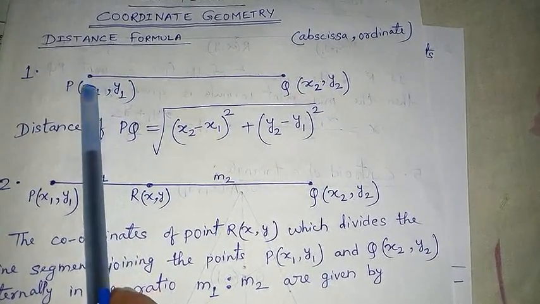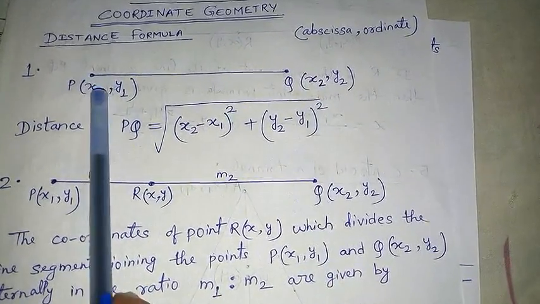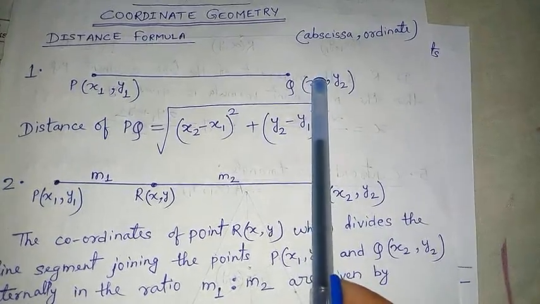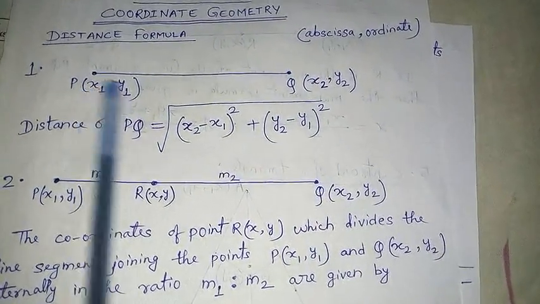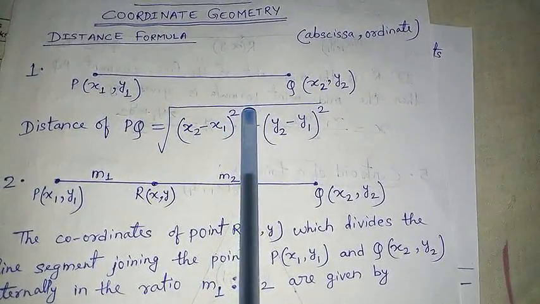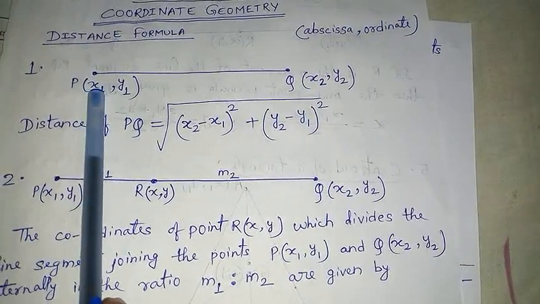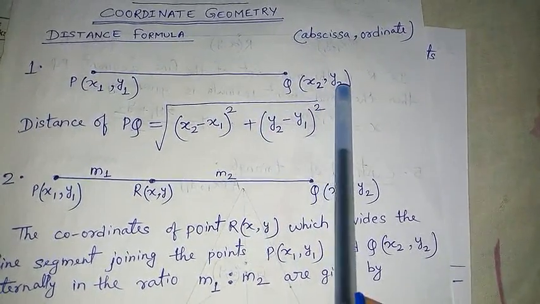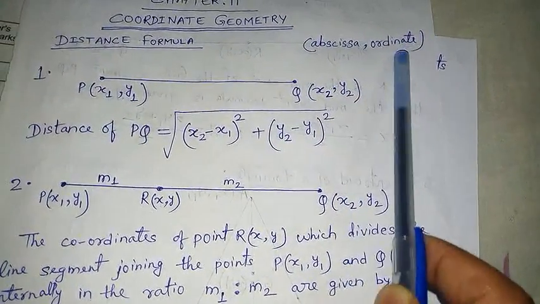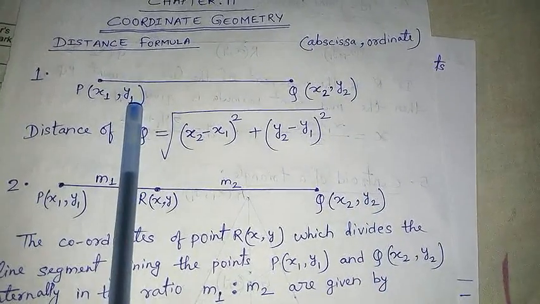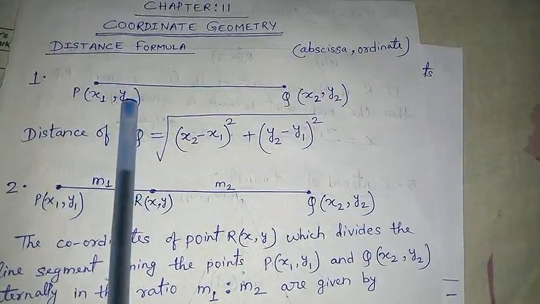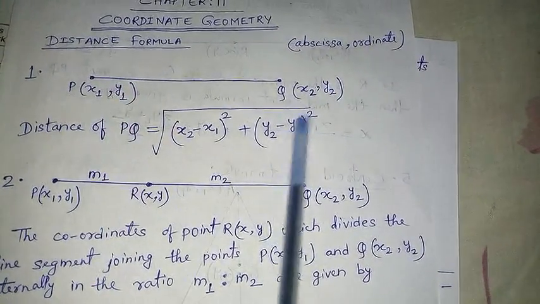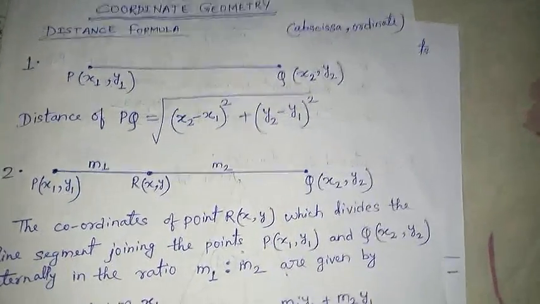I am taking both the first, that means abscissa, and subtracting: x2 minus x1 whole square. Plus again the same thing, but the second one, that is ordinate: ordinate of second minus ordinate of first, y2 minus y1 whole square.